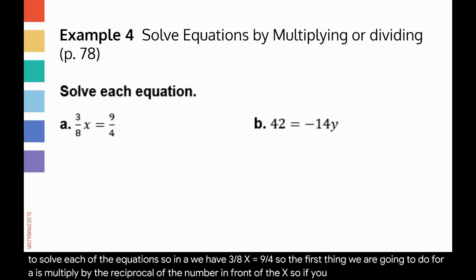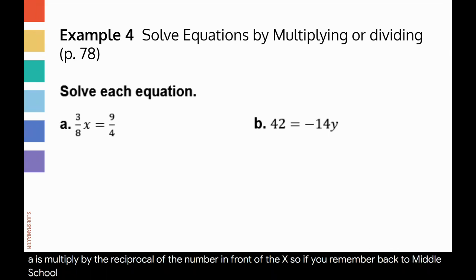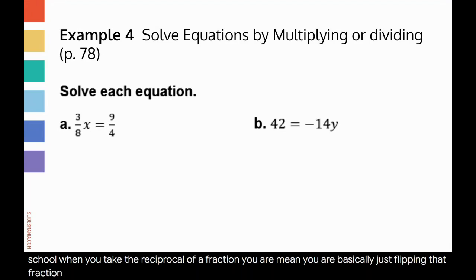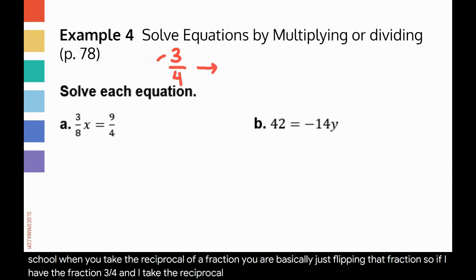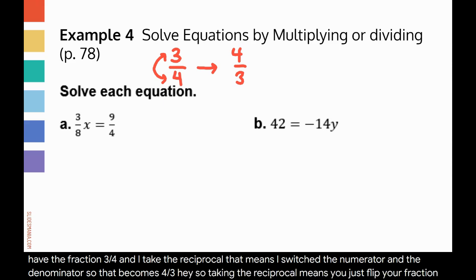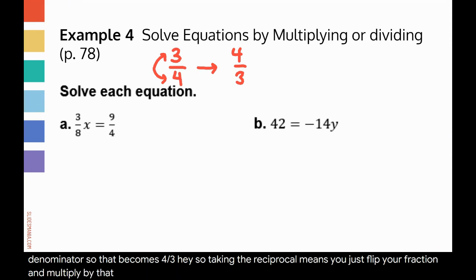If you remember back to middle school, when you take the reciprocal of a fraction, you are basically just flipping that fraction. So if I have the fraction 3 over 4 and I take the reciprocal, that means I switch the numerator and the denominator, so that becomes 4 over 3. Okay, so taking this reciprocal means you just flip your fraction and multiply by that number.